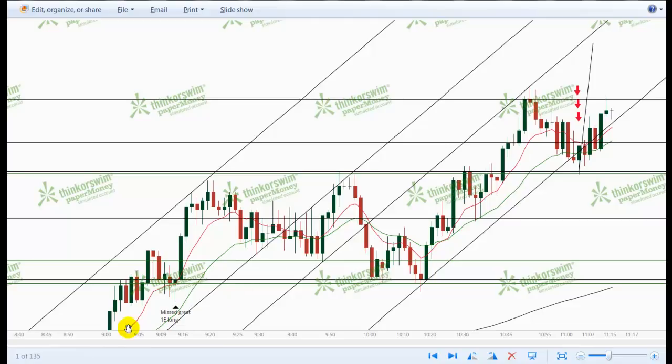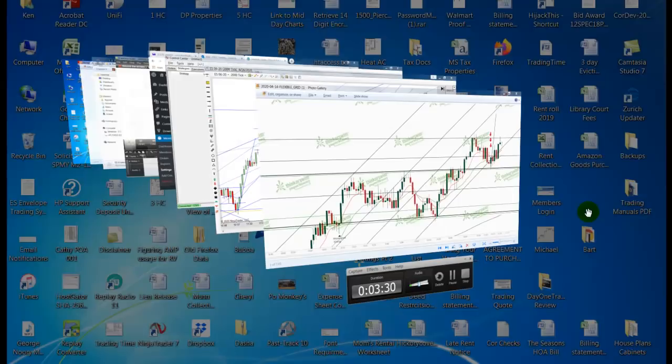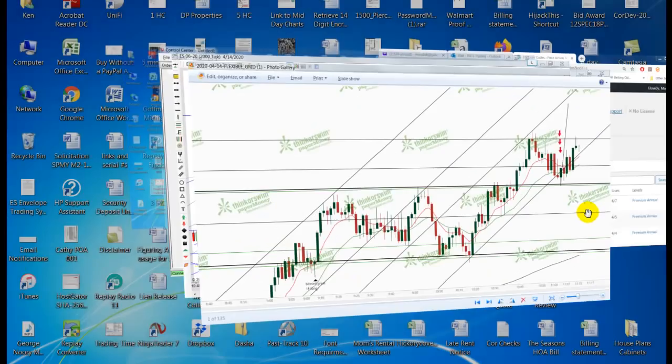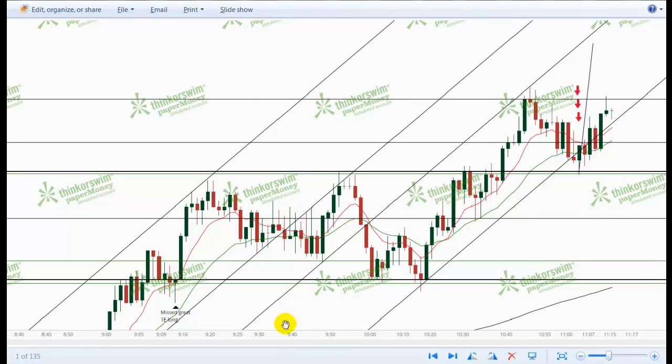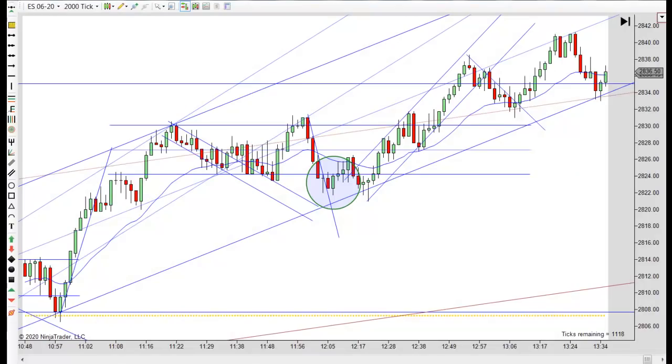But he's really showing you from about 9 o'clock to about 11:15. So let's get my chart up here. Okay, let's see if we can. But you can see really how much different my chart looks than his.